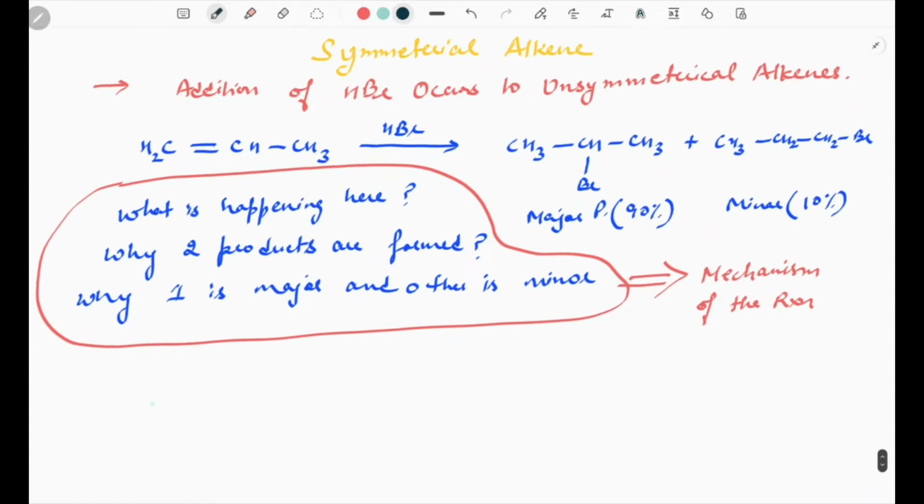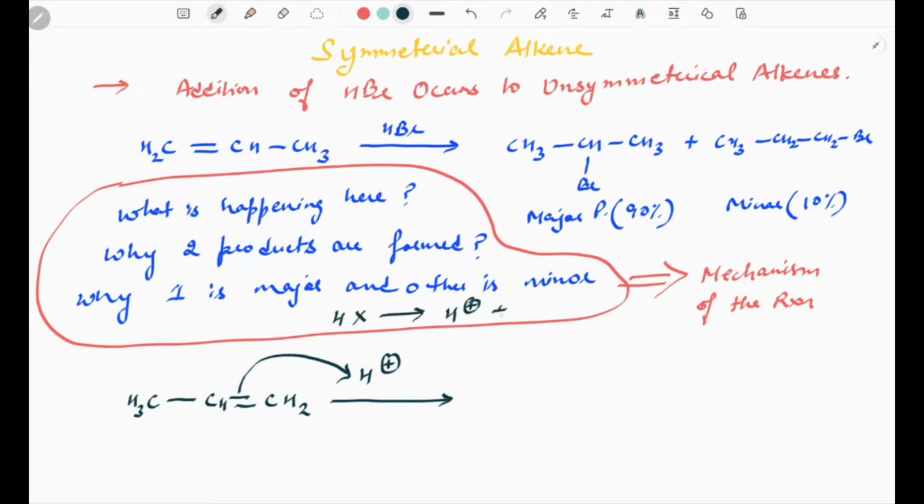What happens in this reaction is that the double bond molecule, that is 1-propene, at first reacts with the proton, which is provided by the breakage of the halogen acid, to form a carbocation.